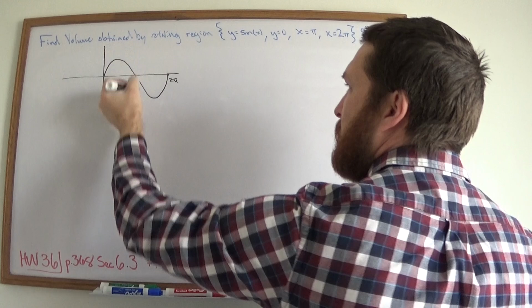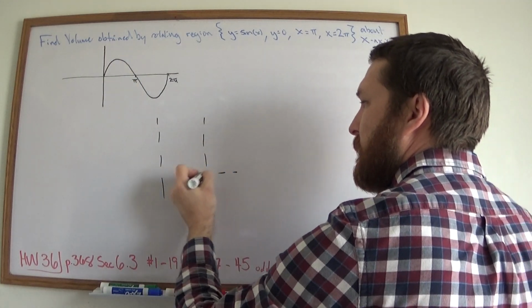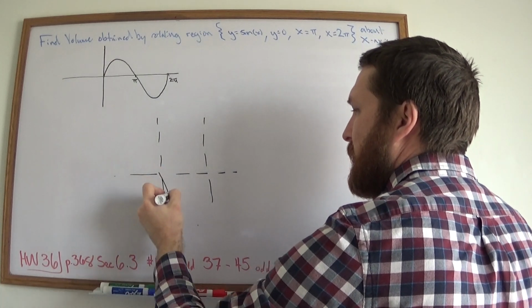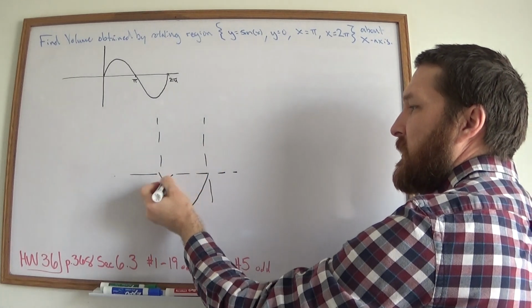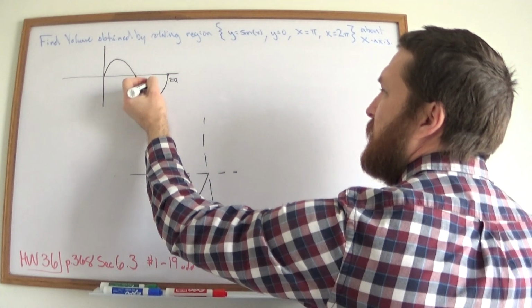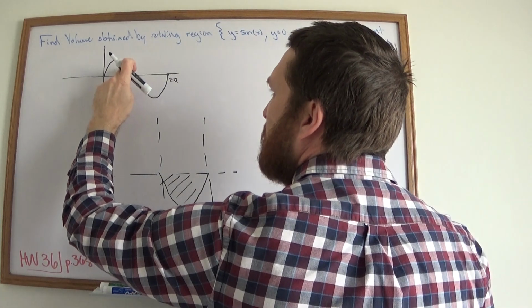So if I imagine I'm intersecting these planes, I have pi, I have 2 pi, I have y equals 0, and then I have this part here. The part that's bounded by all those regions must be that part right there, right? So this is the region I'm trying to find. And because that's the case, I'm going to go ahead and get rid of this right there.